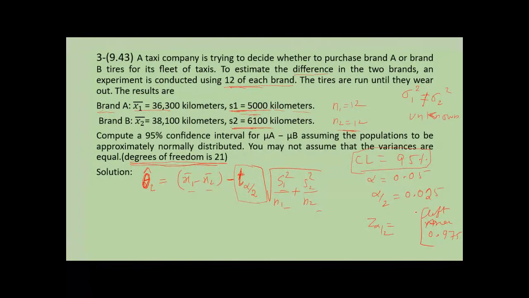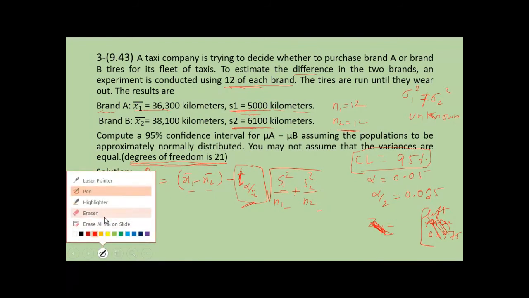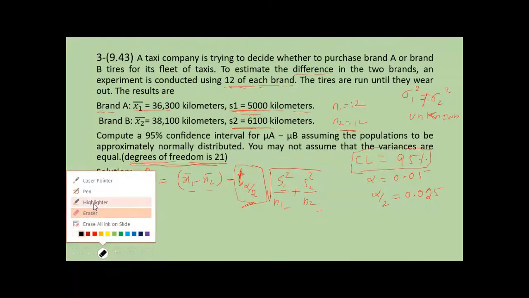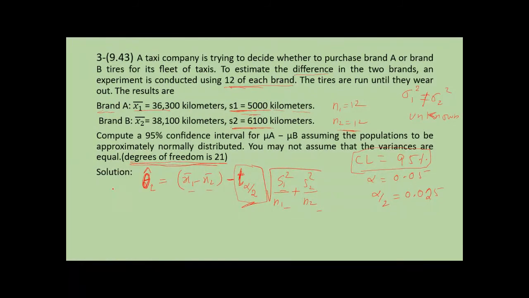The area we leave on the right side is 0.025. But we are not finding Z. So we don't want left side area. We are finding t alpha. Okay, I would like to erase this part because we don't want Z alpha. Z alpha by 2 will be found if, instead of S1 and S2, we have been given sigma 1 and sigma 2.